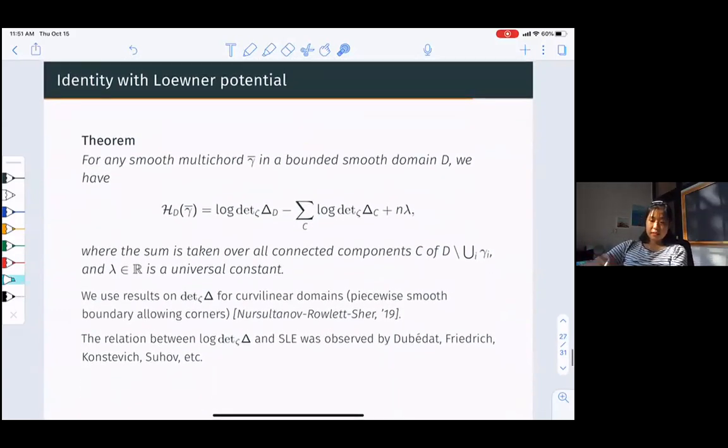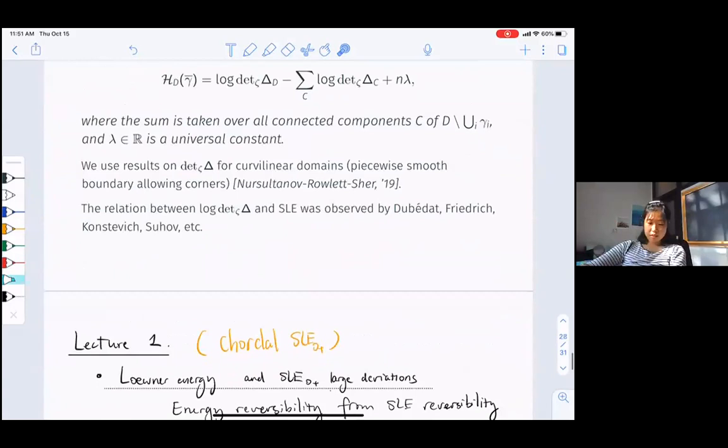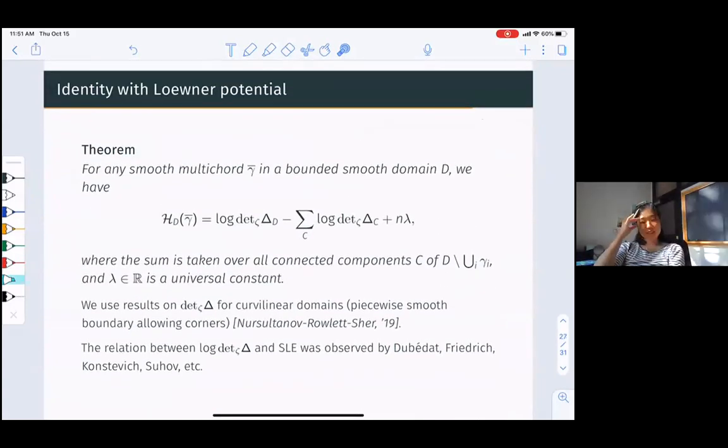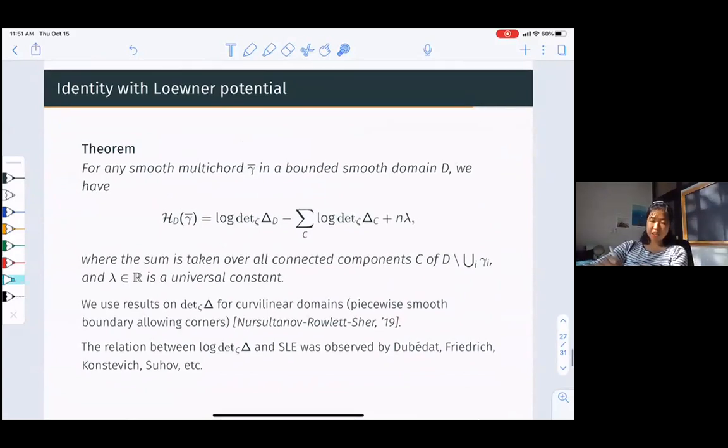And here, this is the last slide, I think. Yes, almost the last slide, about the Lagrange potential. The other reason for including the Poisson excursion kernel is that, with it, our Lagrange potential has a very simple expression: take the log determinant of the Laplacian of the whole domain, and take out the log determinants of the Laplacian of the faces, the connected components of the complement of the chords.